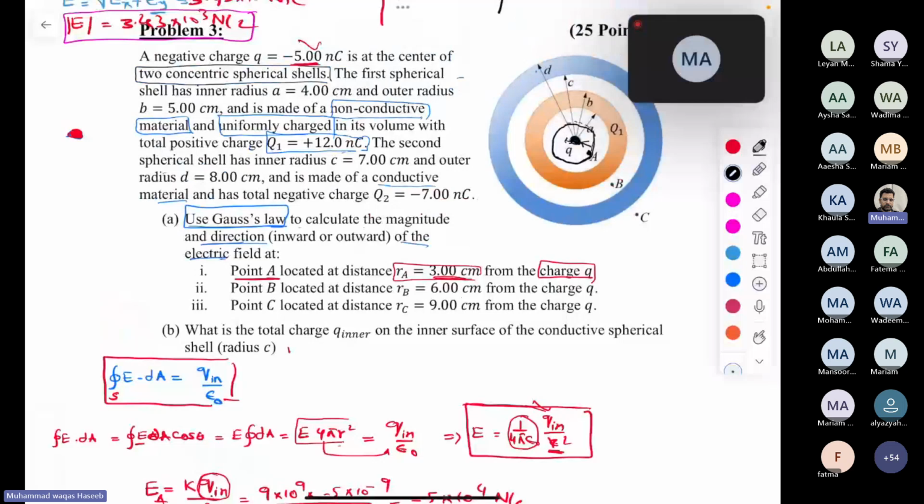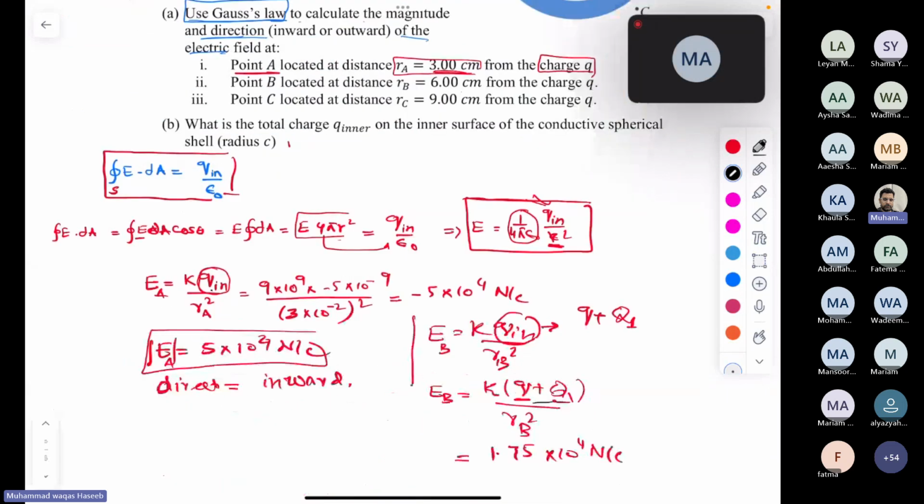If you consider point B, this Gaussian surface contains Q1 and this Q as well, so we sum them up over here. Okay, doctor, thank you.